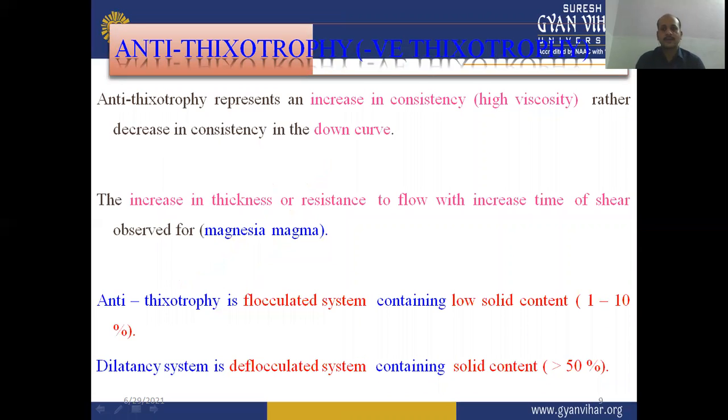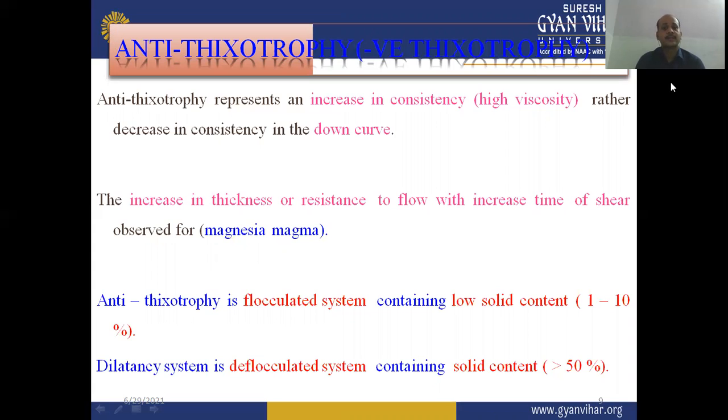Now, after the discussion of the thixotropic behavior of different substances by the rheogram of thixotropic material, what is anti-thixotropy? Anti-thixotropy represents an increase in consistency or high viscosity, rather than the decrease in consistency in the down curve that we see in the rheogram of thixotropy.